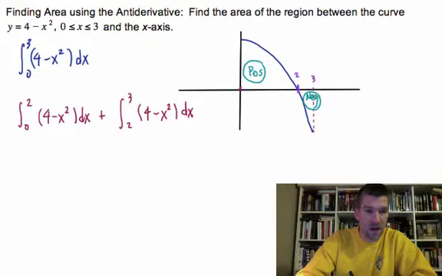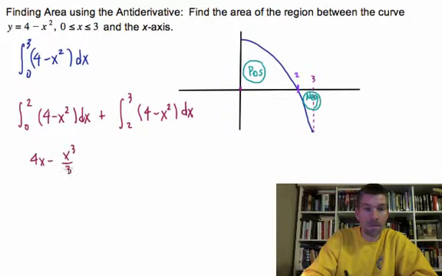Okay, so I'm just going to get those absolute value lines off. We're going to evaluate real quick. So this is going to be with antiderivative 4x minus x cubed over 3. There's your first one, evaluated from 0 to 2.